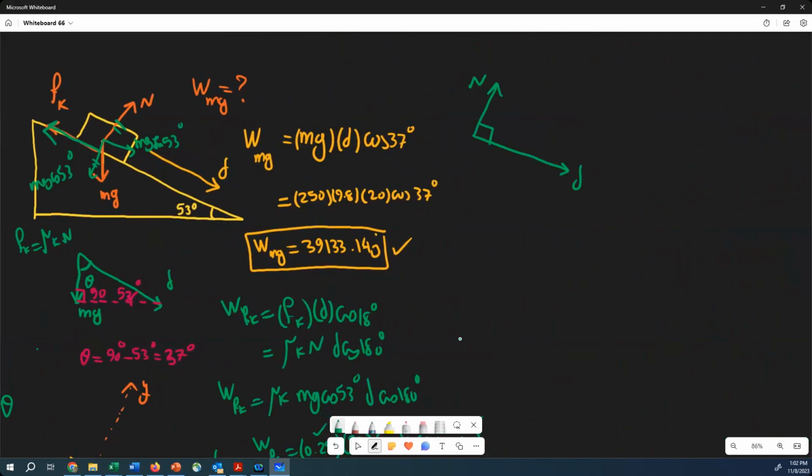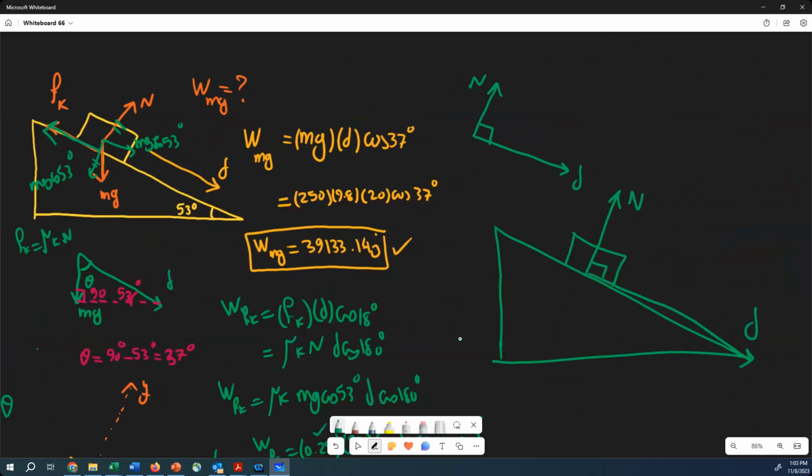Normal is perpendicular to the surface, yes? And the box is moving in the direction of the surface. So it means the angle between these two is, let me just draw one more time. This is the normal, perpendicular, and this is D. What is the angle? 90 degrees.